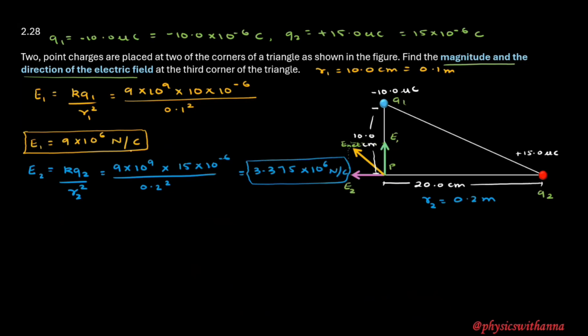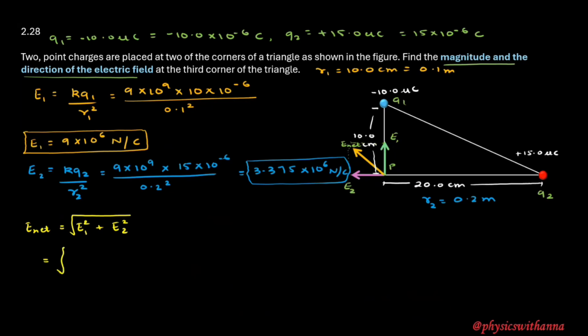After we get these two values of electric field, now we find their resultant. The resultant electric field we can find by using Pythagorean theorem. I'm only using Pythagorean theorem here because these two electric fields are perpendicular to each other. If they were not, then we use vector sum. And later, if it is in two dimensions, after doing vector sum along each axis, we use Pythagorean theorem. So let's start. E net will be square root of E1 squared plus E2 squared.